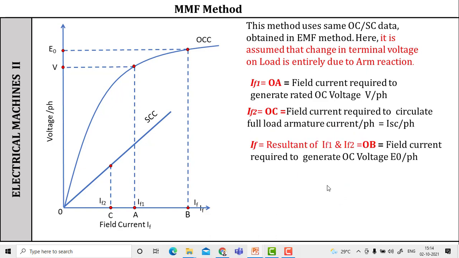Then the next step is to find the resultant of IF1 and IF2, that is OB, and corresponding to this field current OB, that is IF, find out the no load voltage generated per phase, that is E0, from the OCC.